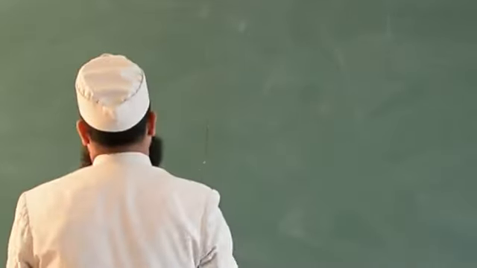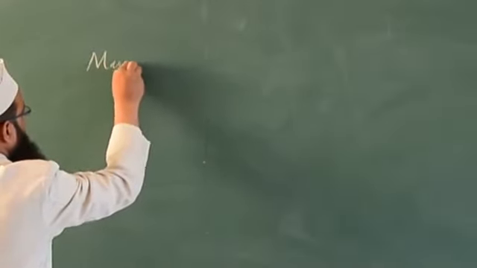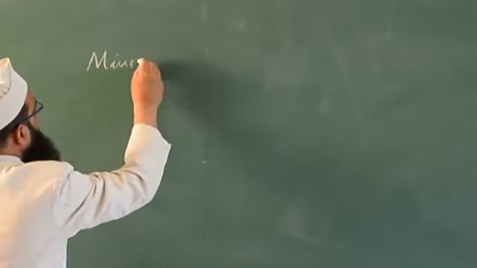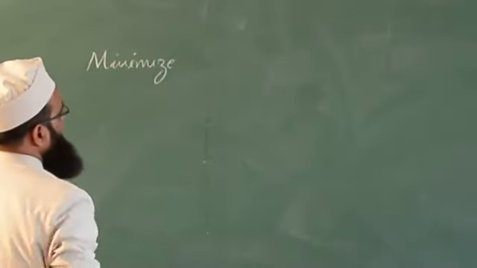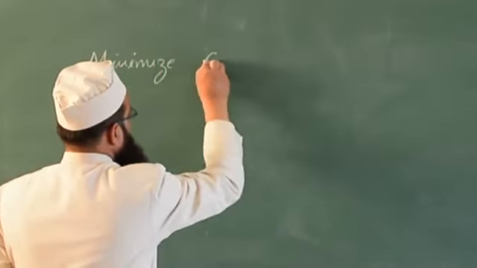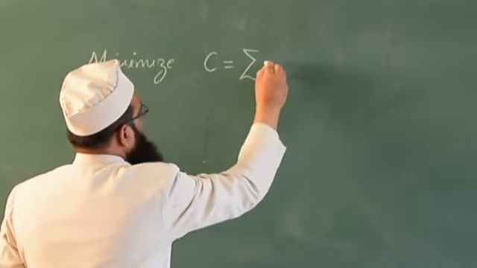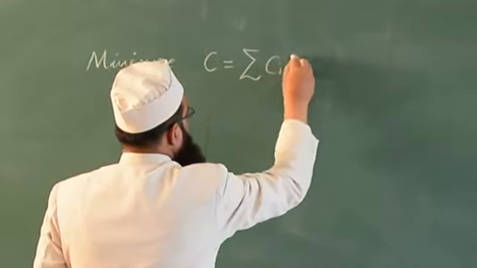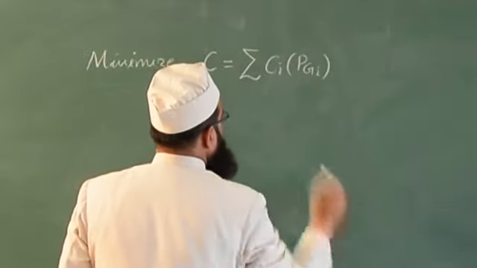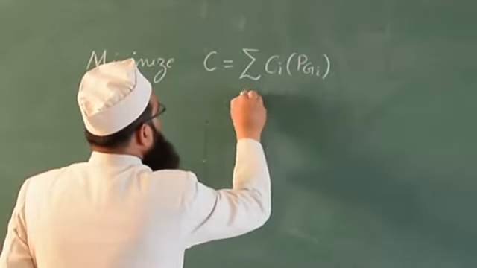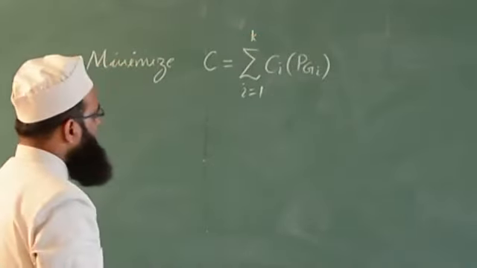This time our optimization problem, which we have discussed in the previous lecture: minimize our function C, the total cost, that is the sum of the cost of the ith unit, which is a function of PGi, for i equal to 1 to k.